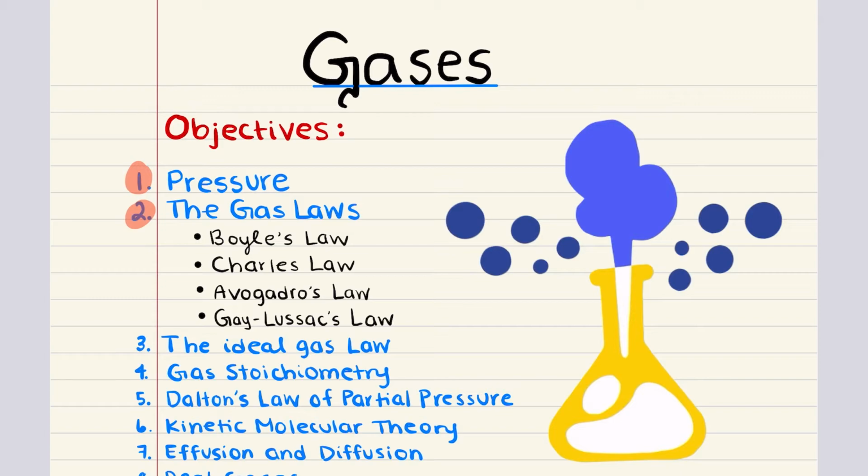Then we're going to use our knowledge of the simple gas laws and express them in a way that shows the relationship between volume, pressure, temperature, and number of moles. Essentially, what we're doing in the third objective is building up to the ideal gas law.